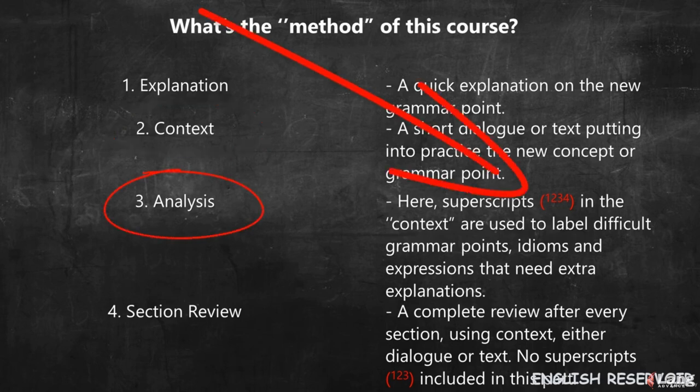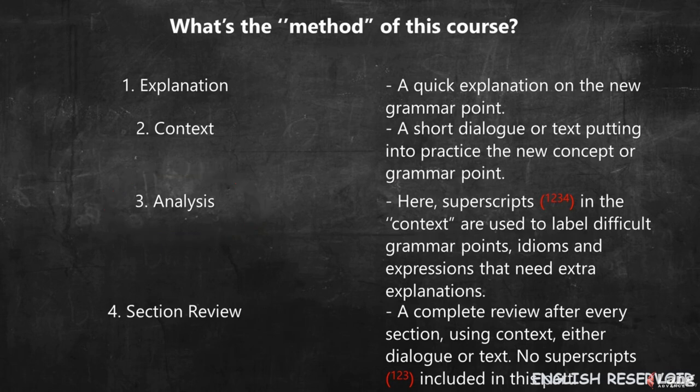Here, superscripts in the context are used to label difficult grammar points, idioms, and expressions that need extra explanations. 4. Section review. A complete review after every section using context, either dialogue or text. No superscripts included in this part.